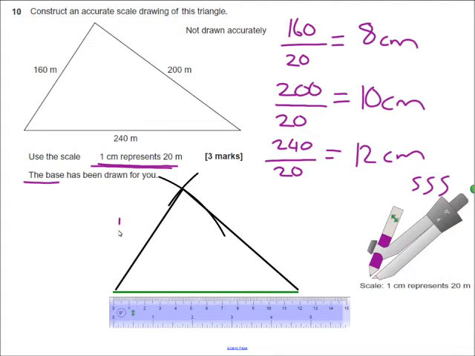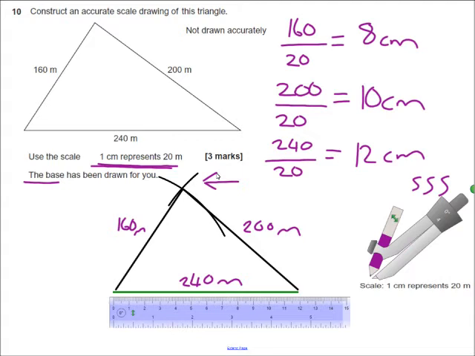And label the diagram 160 metres, 200 metres, and the base, which is 240 metres.